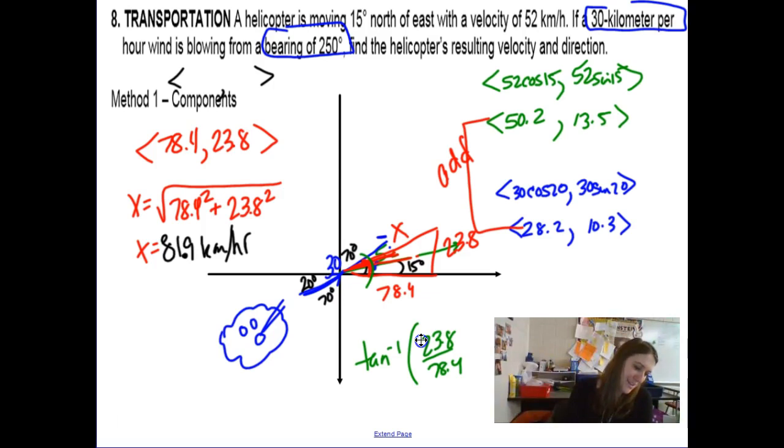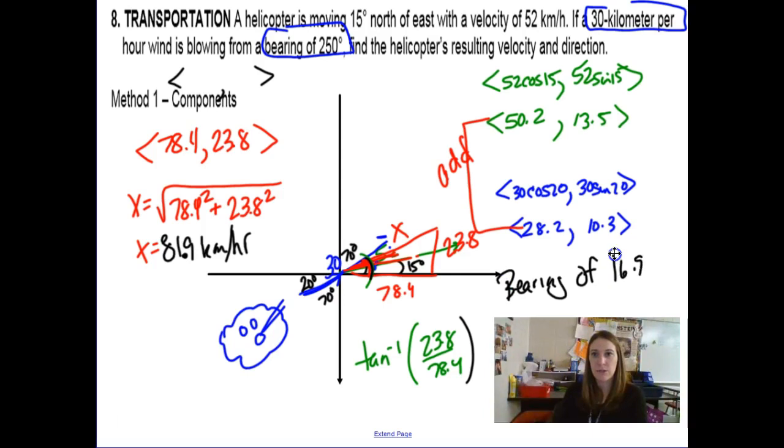Inverse tan of 23.8 divided by 78.4, and you get 16.9-ish. So that's this angle here, and that would be fine for a bearing. You could say a bearing of 16.9 degrees from the horizontal.